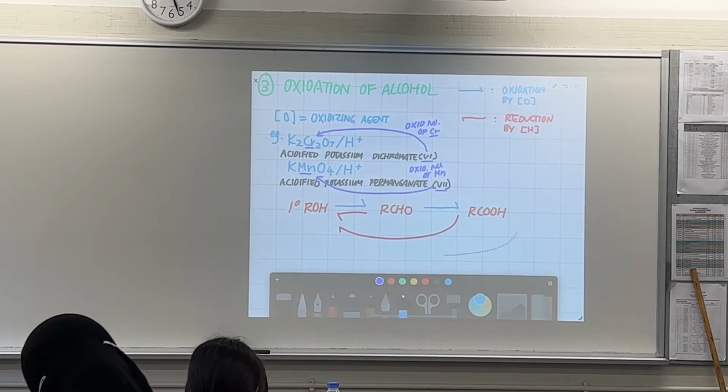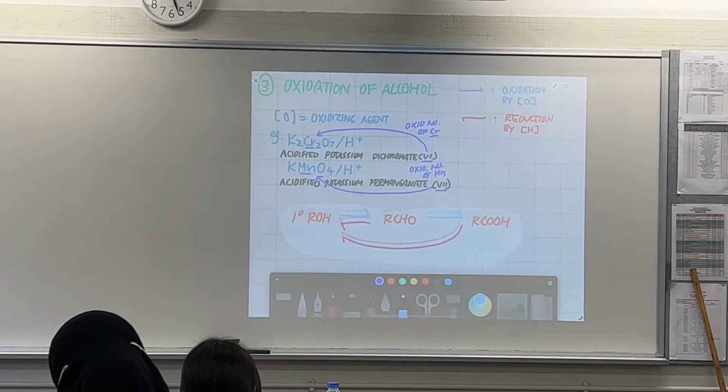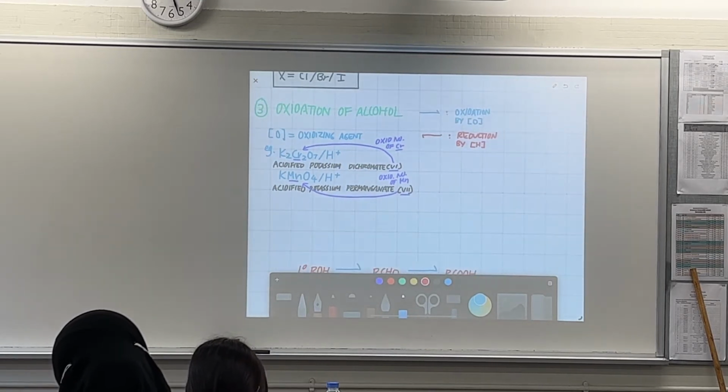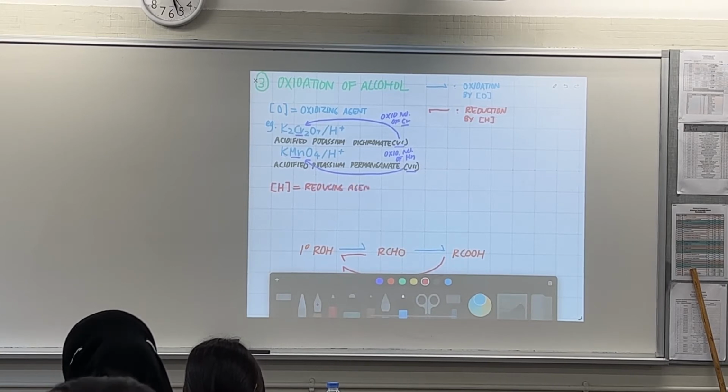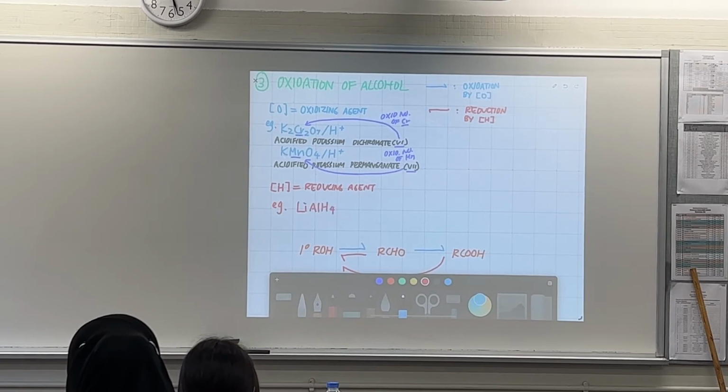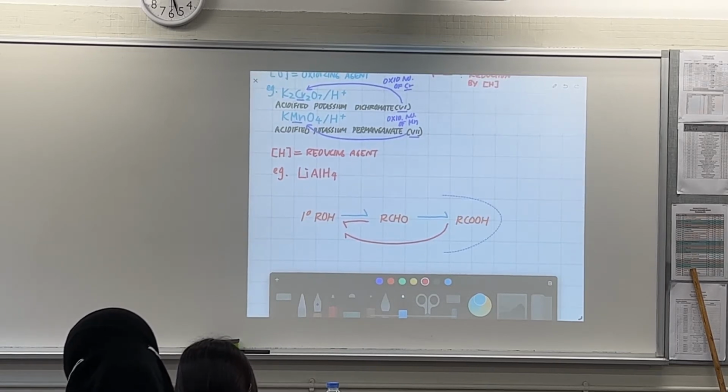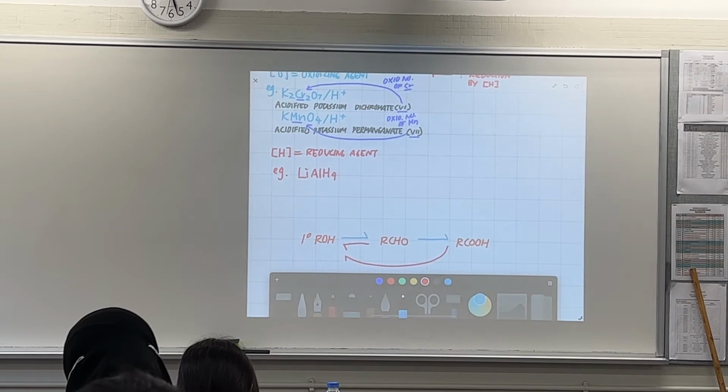So these are two oxidizing agents. We also have two reducing agents to know about at this level. Square bracket H represents reducing agents. We have LiAlH4, lithium aluminum hydride, and NaBH4, sodium borohydride.